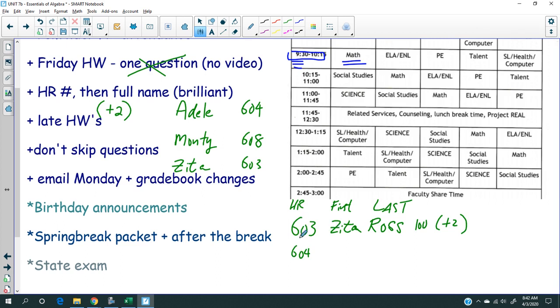So all the 603 students are going to be together, so I can do all the 603 students' grades first. And then let's say there's 604. Like, so then you would have this. Oh, oops. She doesn't get the 2 extra points. Why not? Yeah, it's not in caps. Okay.